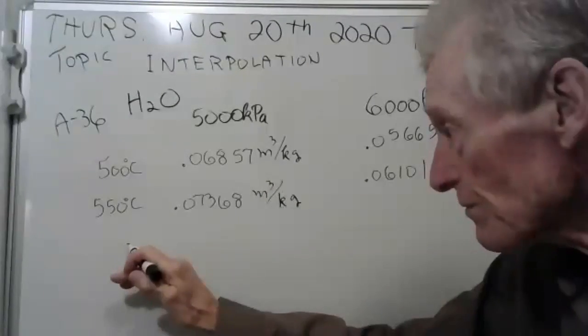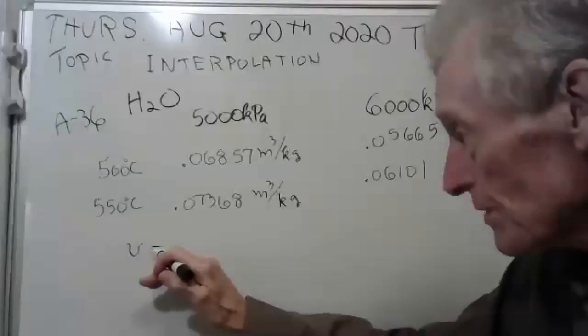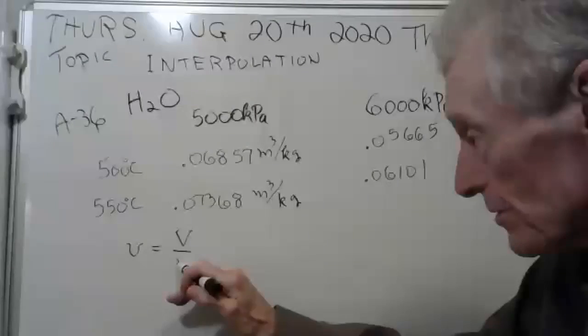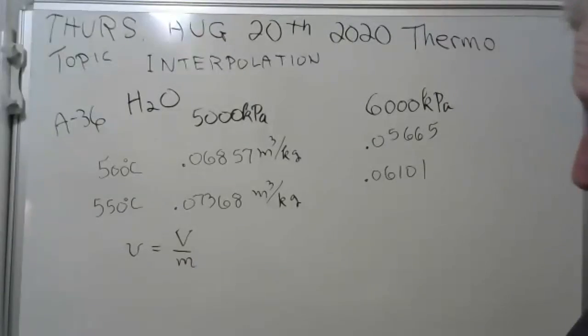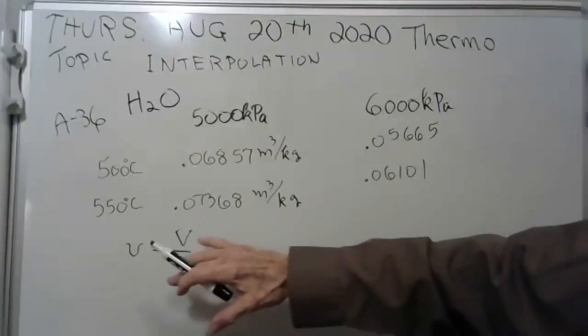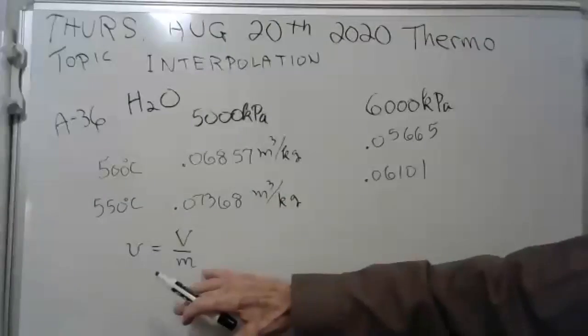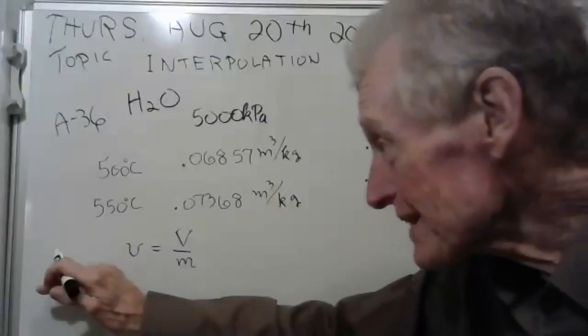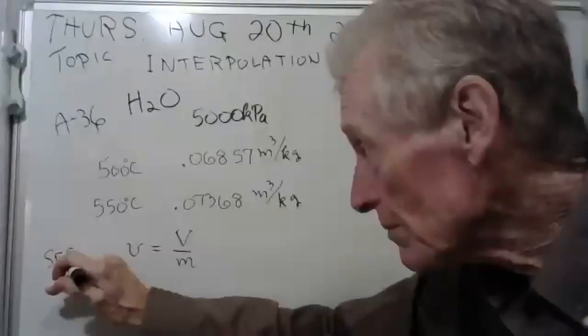Remember what specific volume is. Specific volume is volume divided by mass, so it's cubic meters per kilogram. Volume is in cubic meters, mass is in kilograms. They call this specific volume.